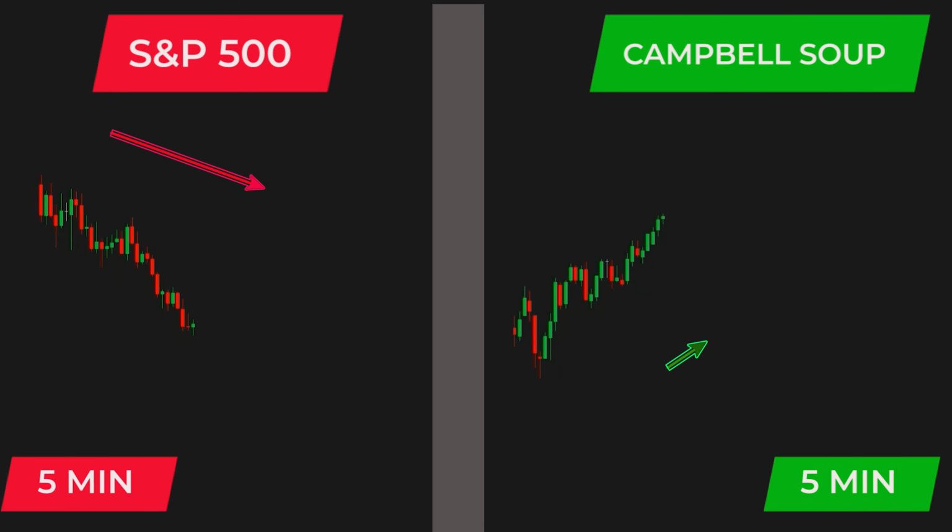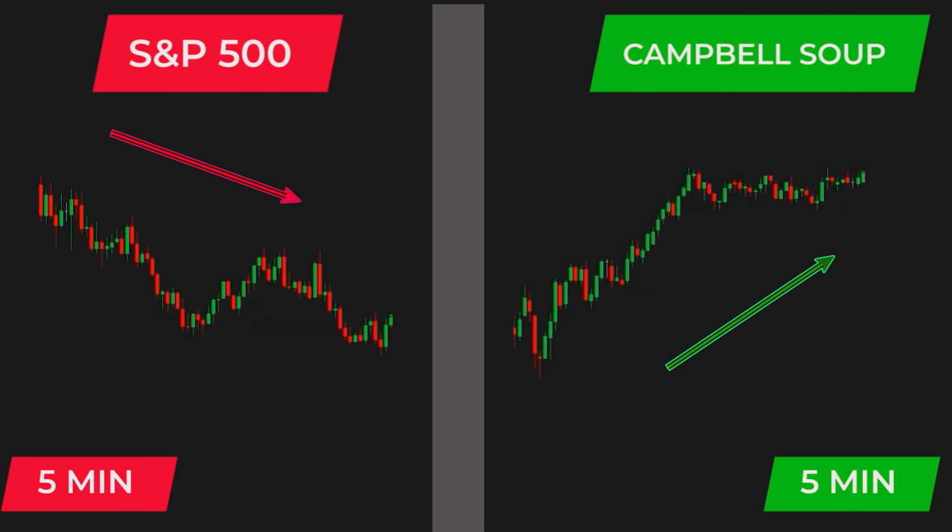At the same time, Campbell's Soup Company is in a significant uptrend. On this day, Campbell's Soup Company had relative strength. If you're a short-term investor who likes to buy and sell equities on the same day, this is an example of how relative strength can be used to increase profits on a shorter time frame.